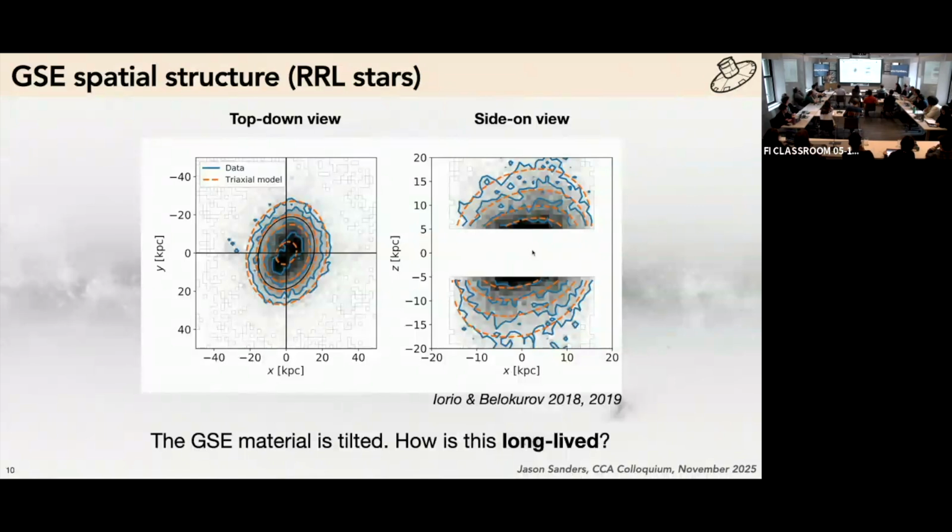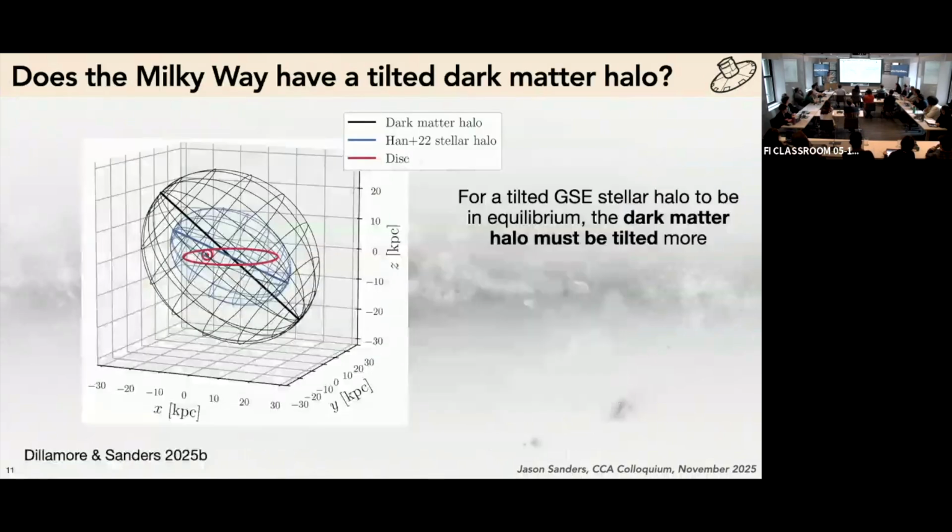So recently, a paper that was only put on the archive a month or so ago, Adam Dillamore, a postdoc at UCL, proposed this model to get a long-lived GSE merger remnant, which is the distribution shown in blue here.